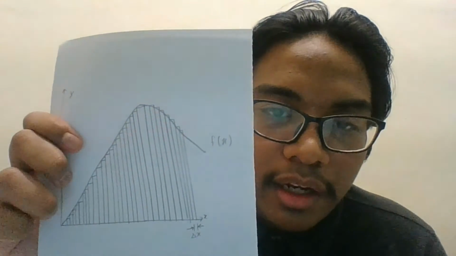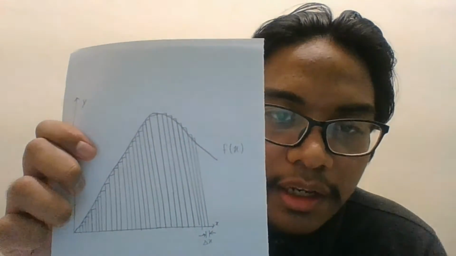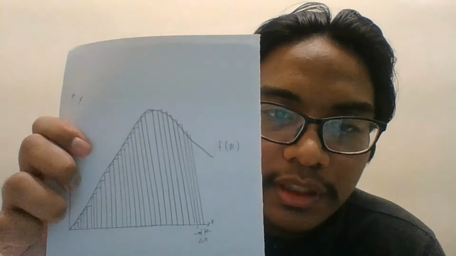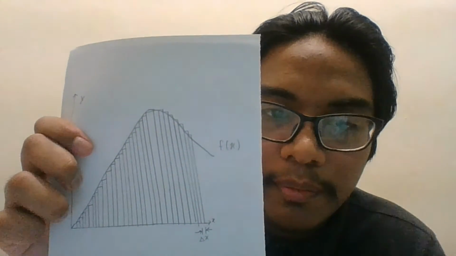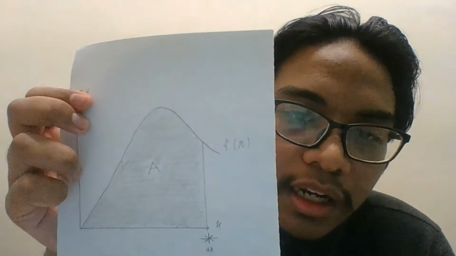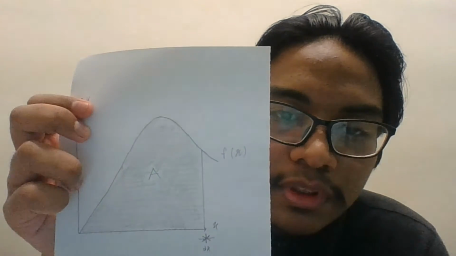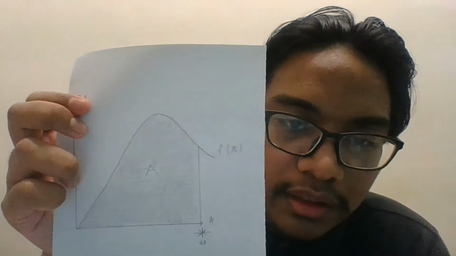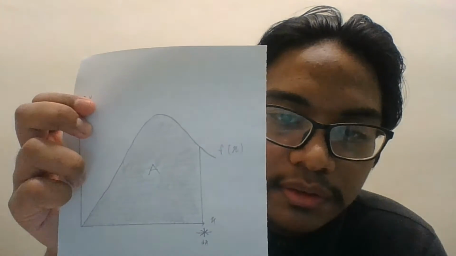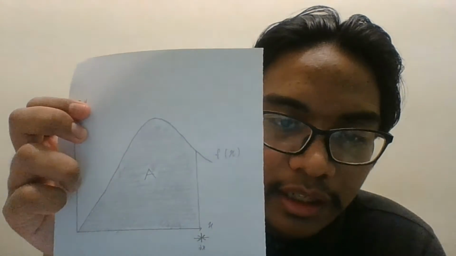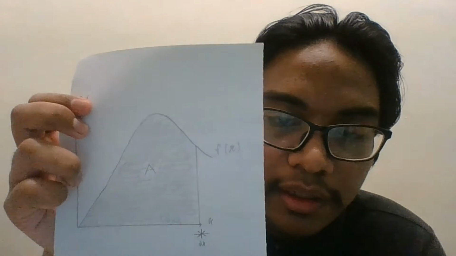We can make delta x a lot smaller and add up many small slices, then the answer gets better. And as the slice approaches 0 in width, the answer approaches the true answer. Now we write dx to mean the delta x slices are approaching 0 in width.